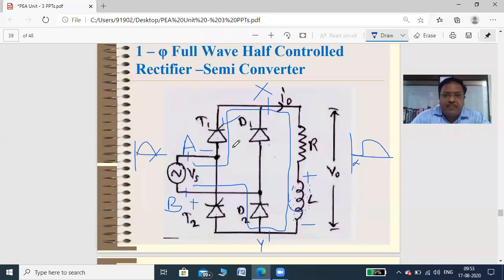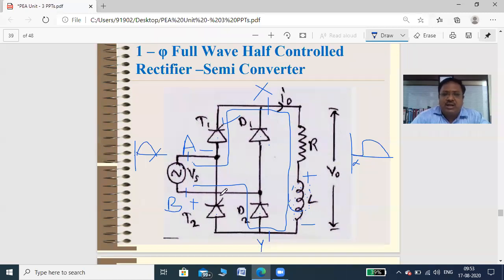What happens? Because A is negative, thyristor T1 immediately turns off because of natural commutation, right? It is in a reverse bias condition, and because B terminal is positive, diode D1 and thyristor T2 are in forward bias condition.